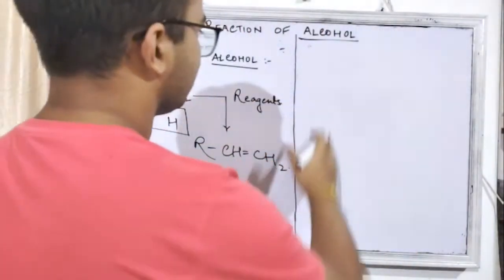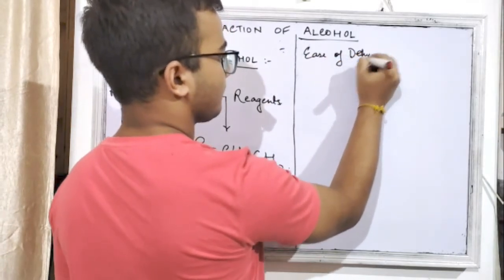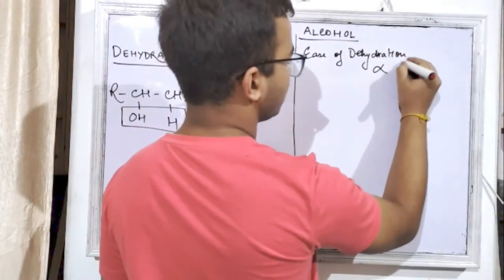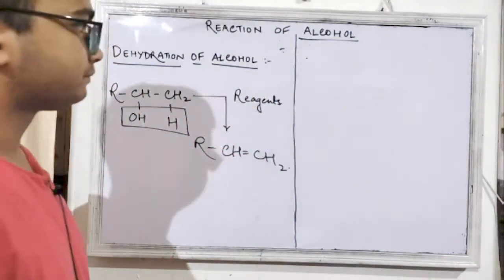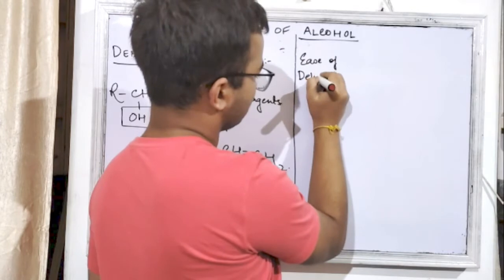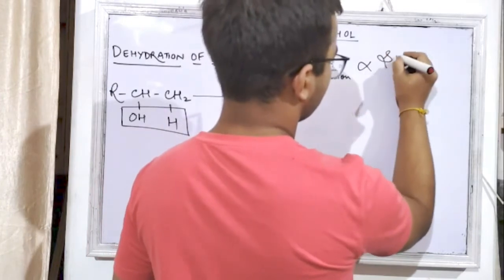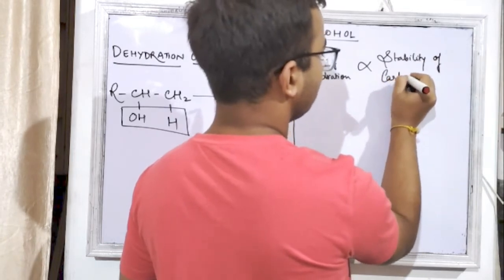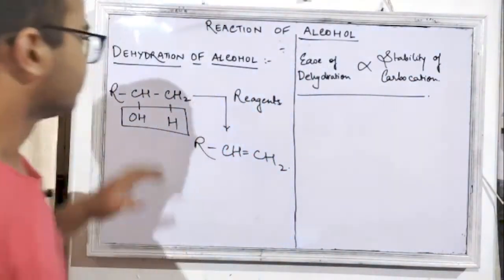So you can write over here: ease of dehydration is directly proportional to stability of carbocation, right? So this was about the dehydration of alcohol.